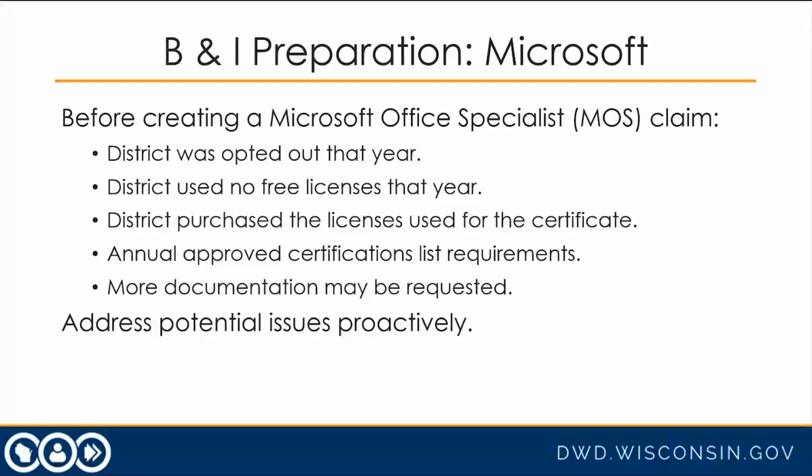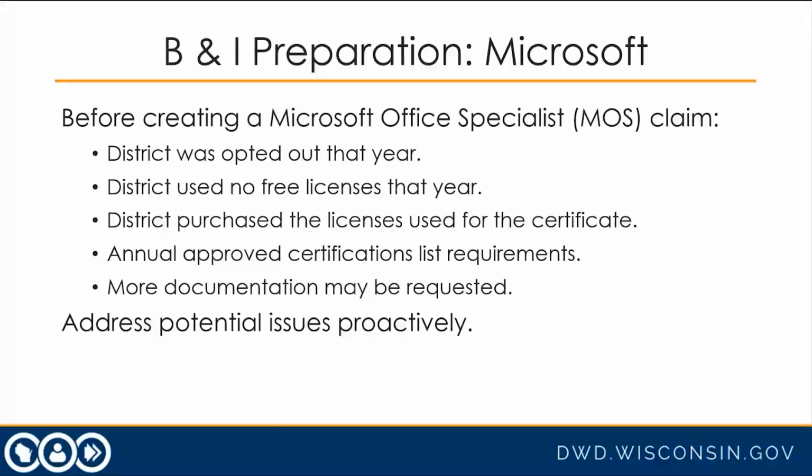The formal opt-out happens only once. Each year thereafter, the district will no longer have the benefits of being in the free program, but can submit claims for the CTE incentive grants. Before creating a Microsoft Office Specialist claim, know that the district was opted out in the year the certificates were earned.